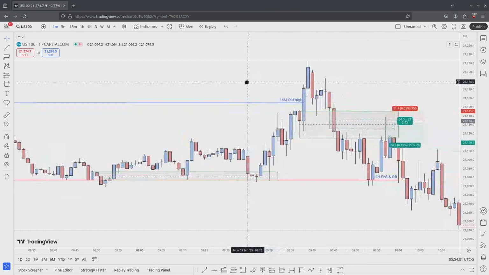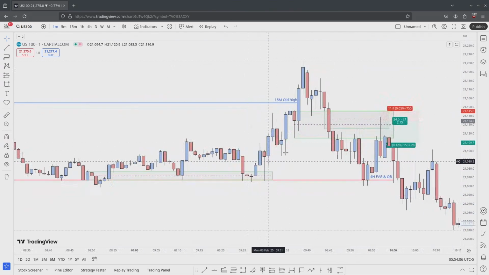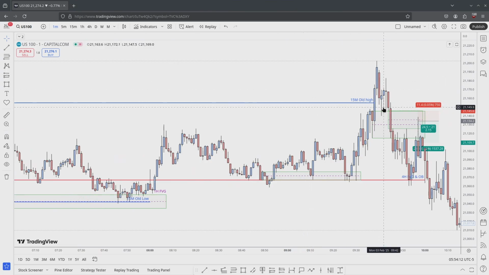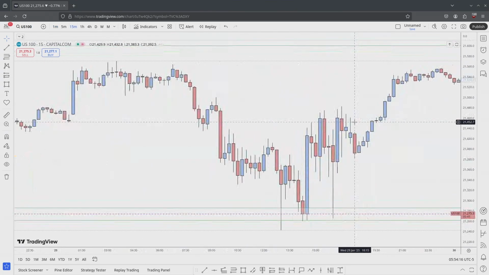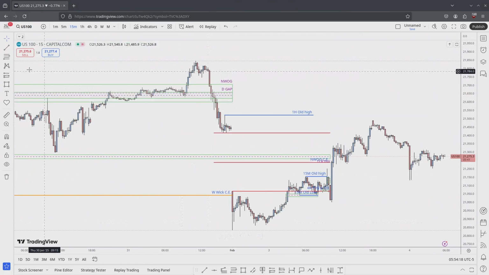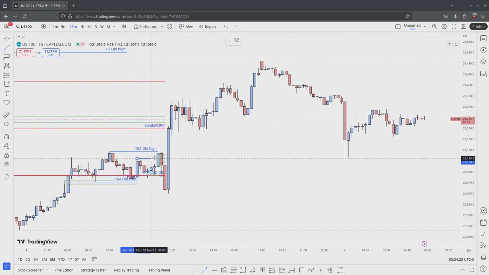So price took out this 15-minute old high. Okay. Price also took out a, I just want to showcase this because I did have this on the chart. And after we traded, we had this 15-minute old high right there.